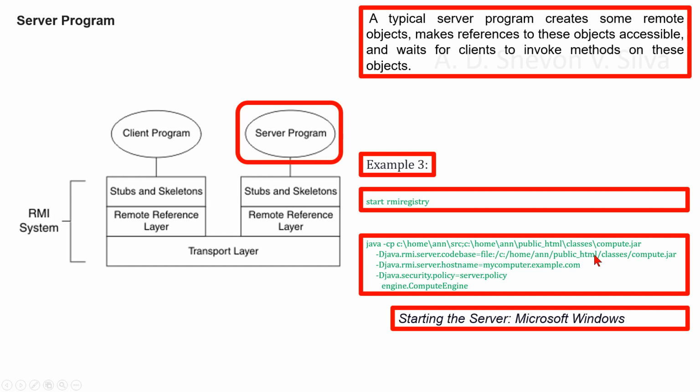When you start, you have to specify the java.rmi.server.codebase property, where the server's classes are network accessible. In this example, the server-side classes to be made available for downloading are in the compute.jar file in the public_html/classes directory of the user.